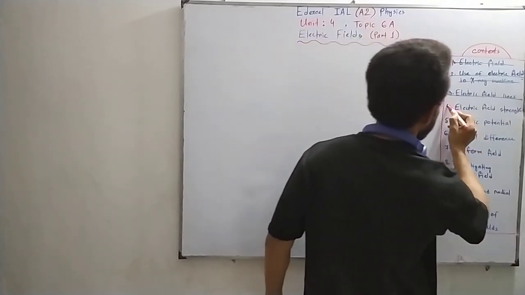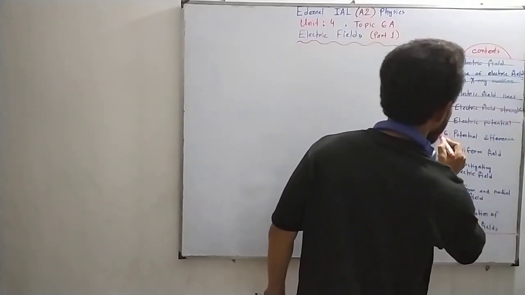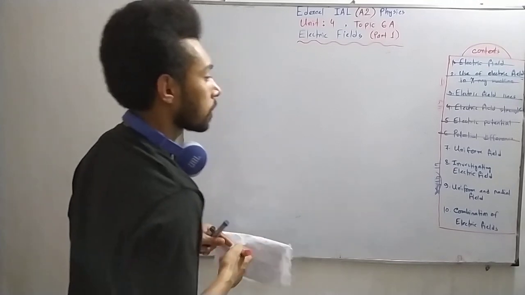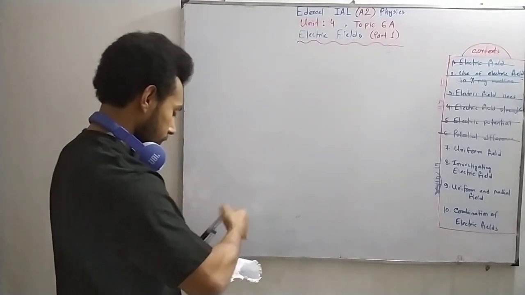So we have discussed electric field strength, electric potential, and potential difference. Now we are going to discuss uniform field.